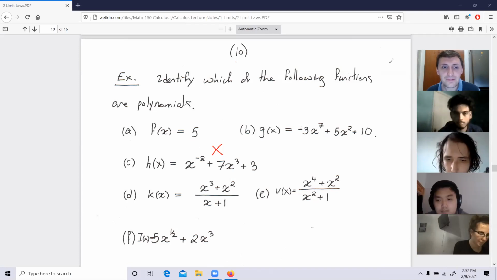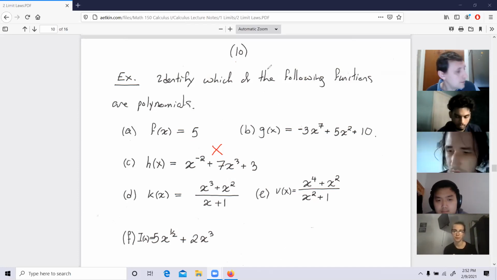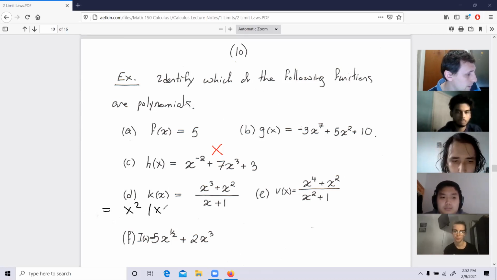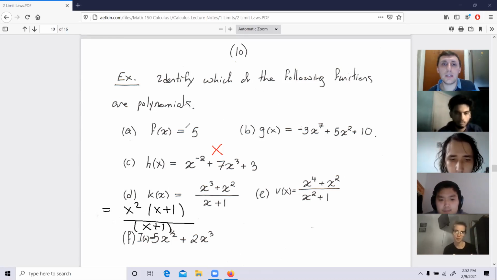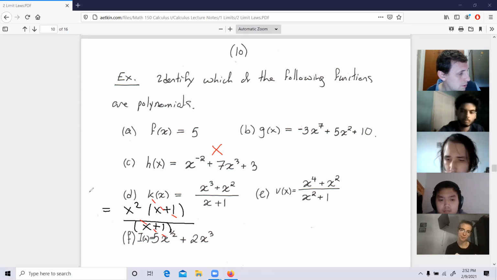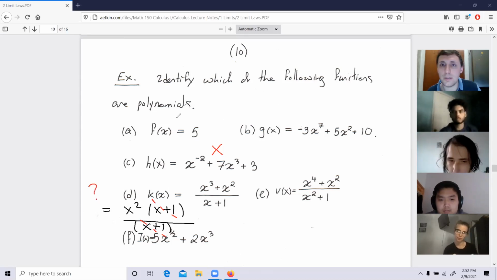So here, guys, Humira said that I can factor x out, x squared out, in fact. So I factor out x squared, and here I have x plus 1 divided by x plus 1, yes? And it seems that I can cross them out. Can I do that? That's a question mark. Can I cross them out?